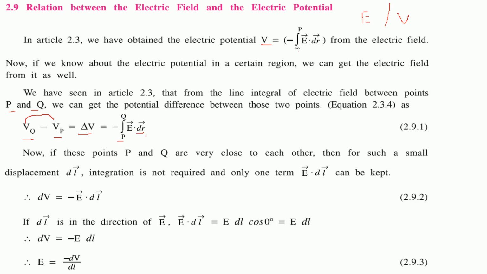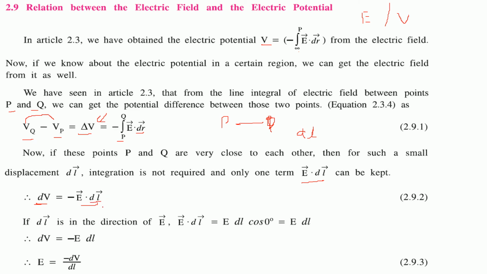Now suppose these points P and Q are very close to each other. Then for such a small displacement, say dl, integration may not be required, and we keep only one term, E dot dl. We just take E dot dl without the integration: for a very small displacement, dV, the potential change or potential difference, will be equal to E dot dl.